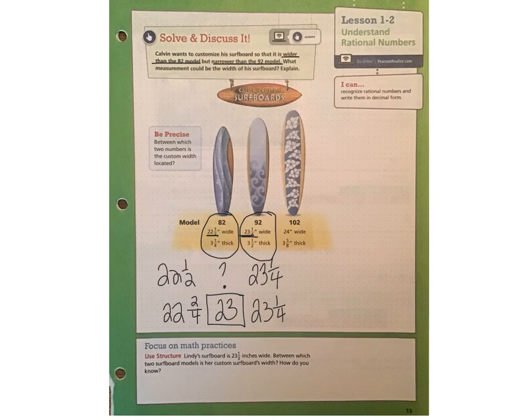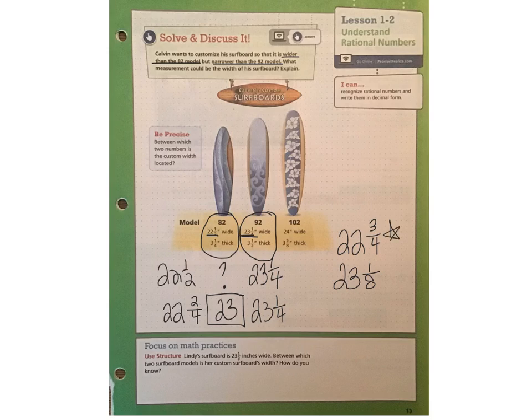Or we could pick any number that is bigger than 22 2/4, like let's say 22 3/4, and it has to just be smaller than 23 1/4, like 23 and let's say 1/8.